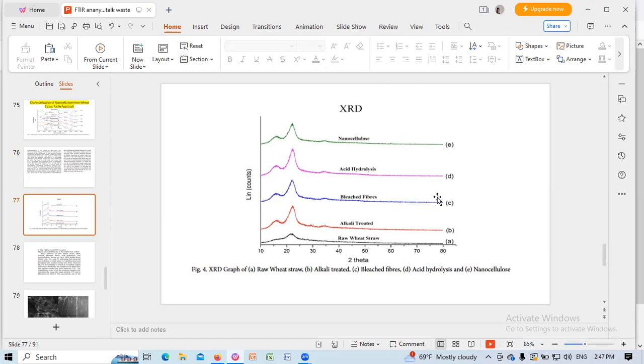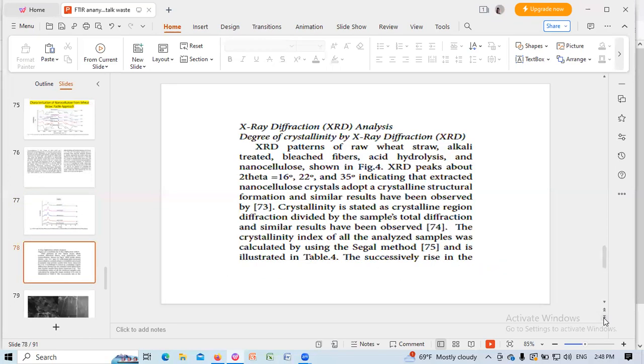Similar results are seen for wheat straw, alkali treated, bleached fiber, acid hydrolysis, and nanocellulose, with similar diffraction angle structure, which shows the crystallinity of the nanocellulose. This is the explanation of XRD.